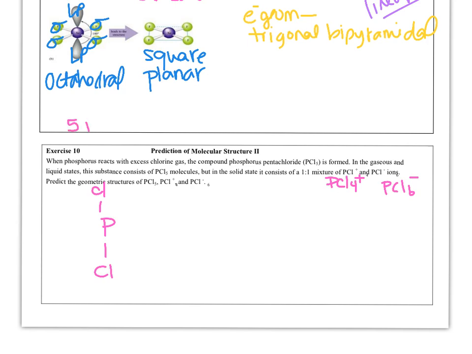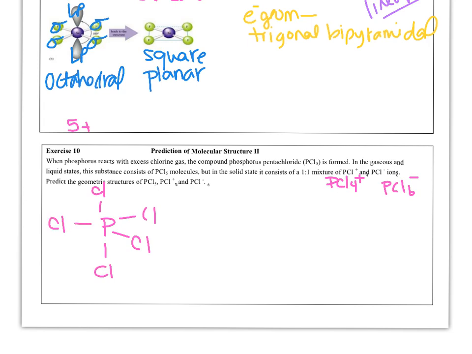I always do one of my atoms up, one of my atoms down, and then the other atoms coming off the center, kind of making a circle. It'll help you make your structure look a little better. So then it'll be chlorine and then chlorine.